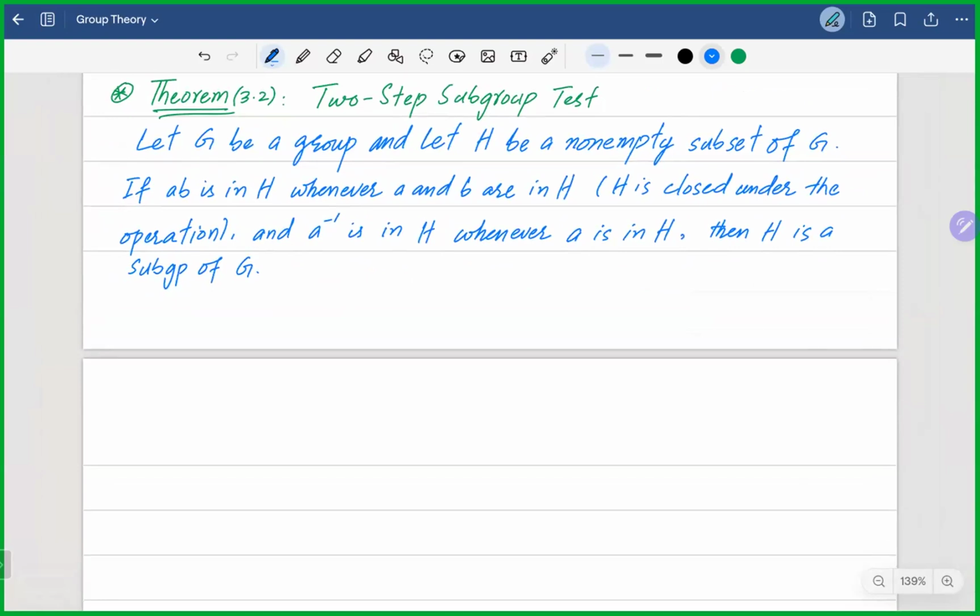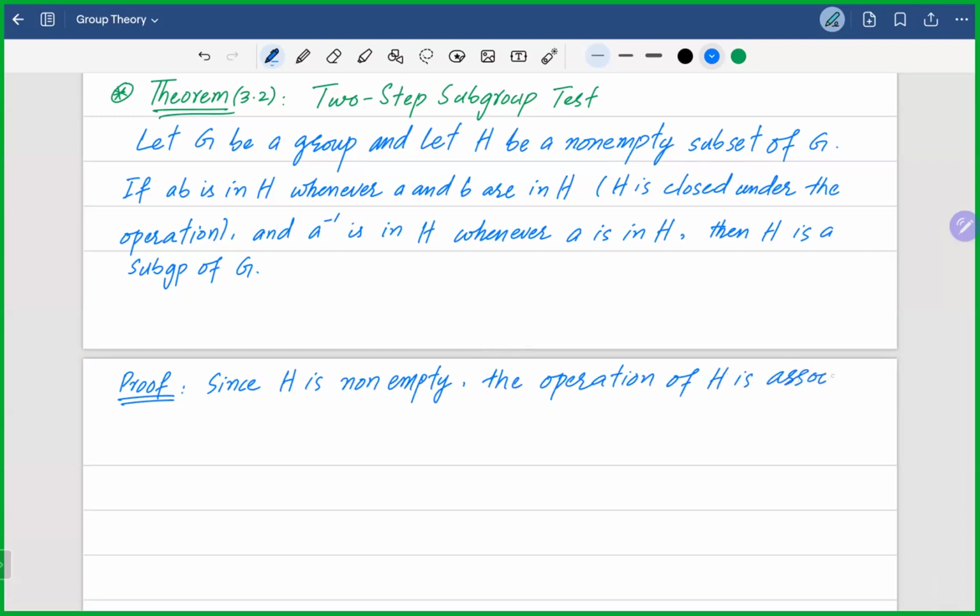Proof. Now, since H is non-empty, the operation of H is associative. H is closed.